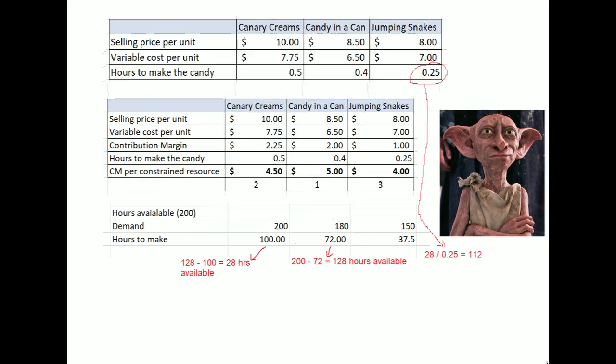So we can do the 28 hours divided by 0.25 hours, and that's 112. So if they make 112 jumping snakes, the 180 candy in a can, and 200 canary creams, that's a total of 200 hours of direct labor, and it will be in the most profitable way.